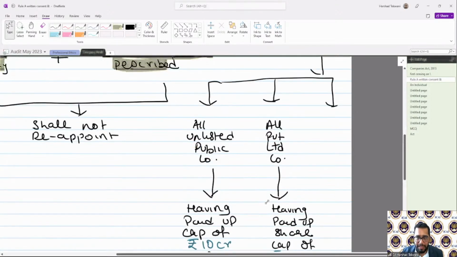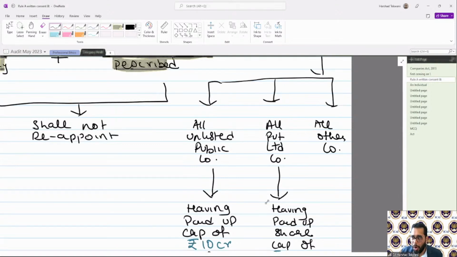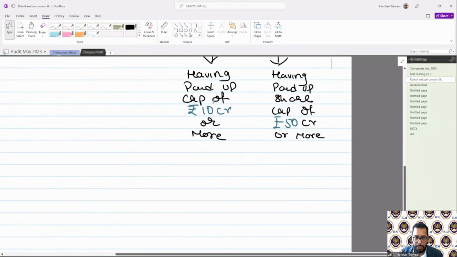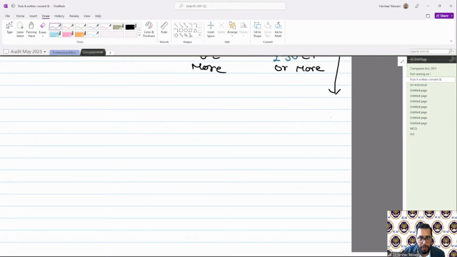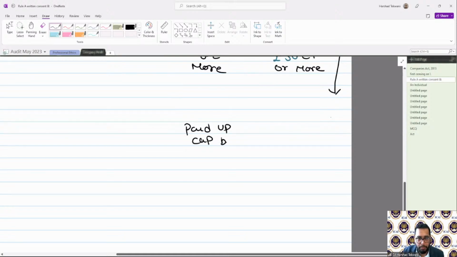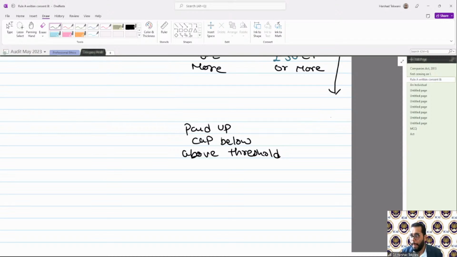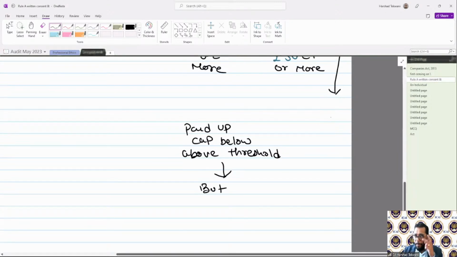Now, the third class is all other companies, other than these 2, having paid up capital below this threshold, like 10 crore or 50 crore. But they have public borrowings from financial institutions, banks, or public deposits.